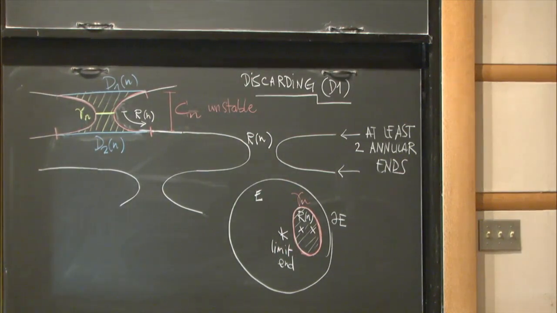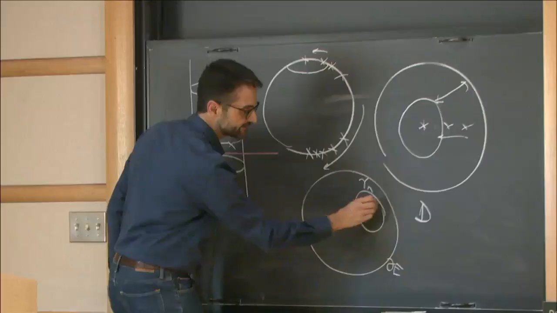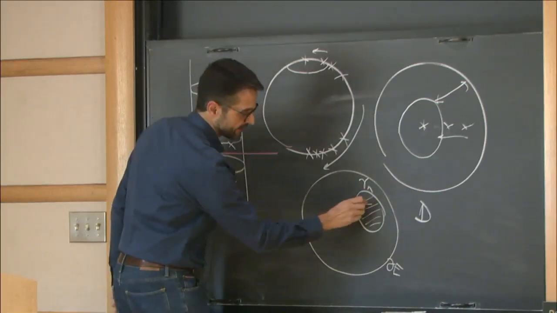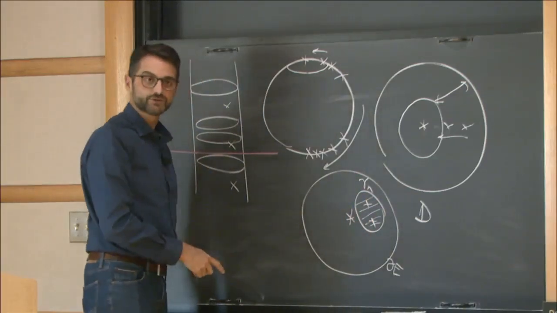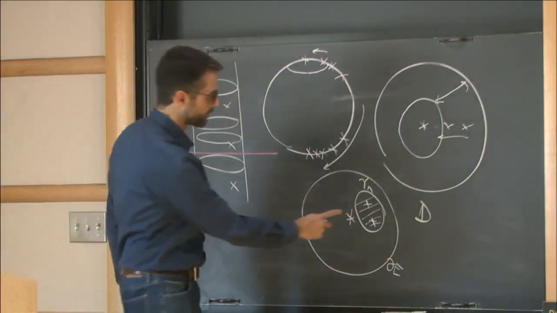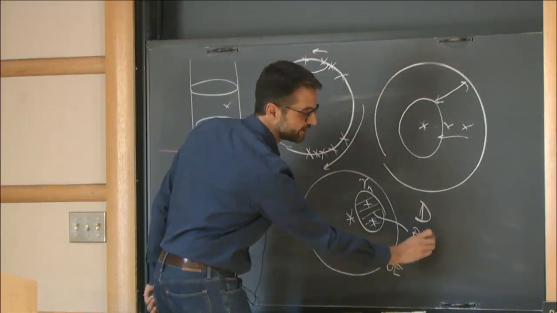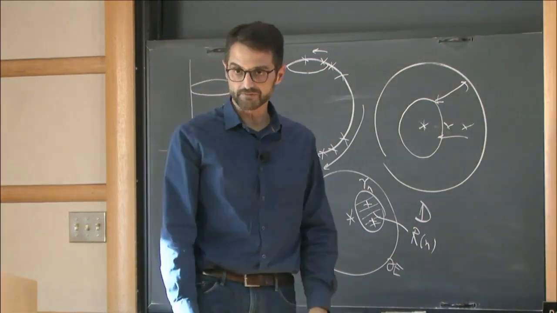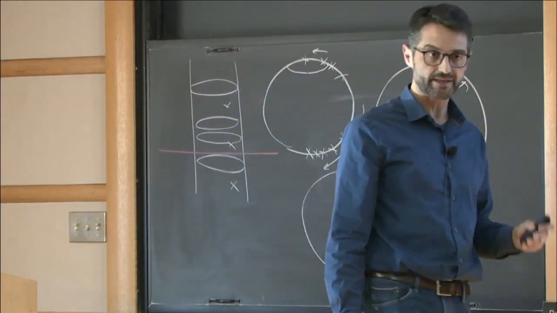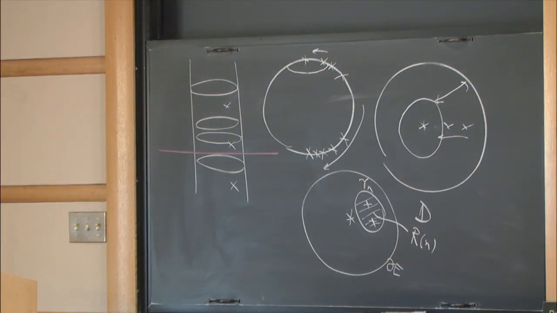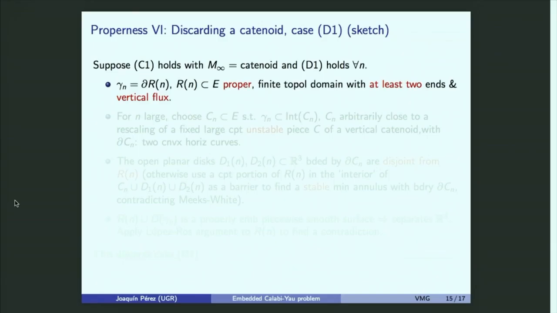Gamma n encloses at least two ends. Let me draw here, this is my limit, boundary of E, here is gamma n, and you have here finitely many ends, at least two, and I'm going to call this domain here Rn. It's a non-compact domain with compact boundary and finitely many ends, at least two, in E. And it has vertical flux. Don't forget about this.